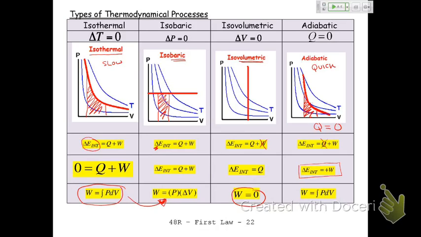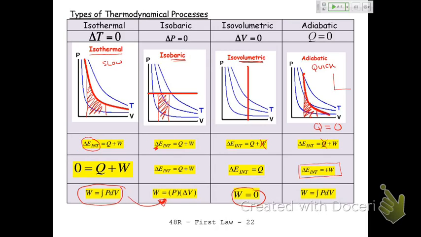I'd like you to be able to recognize or draw the traces for each of these. I'd like you to know the special things, like work equals 0, heat equals 0, etc. And beyond that, I'd like you to get right the fact that an adiabatic change has a steeper slope.